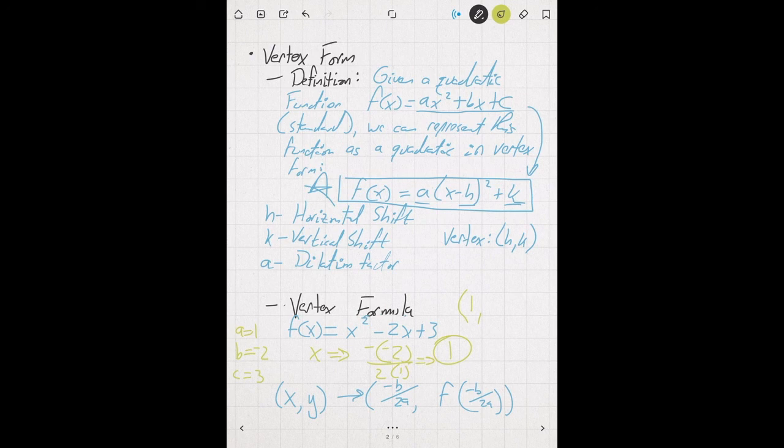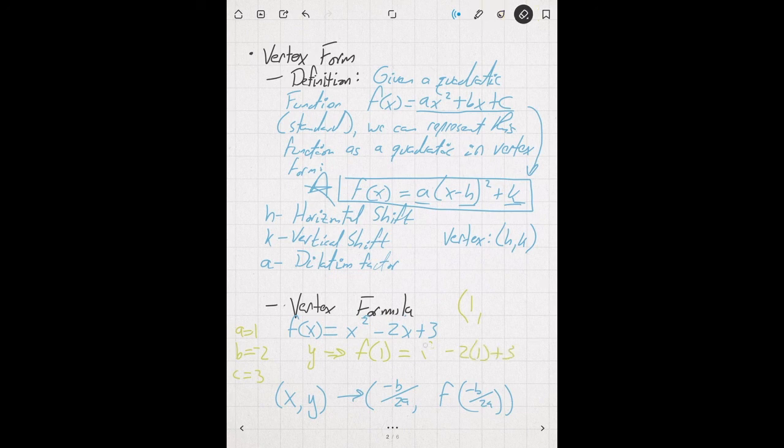But what's the y value going to be? Well, hopefully you're saying, I know what the function is, so if I know what x is, I can immediately figure out what y is. All we have to do is just plug it in. So to figure out what the y is, just plug it into the function. Figure out what f of 1 is. So we're going to take 1 and square it, minus 2 times 1, plus 3.